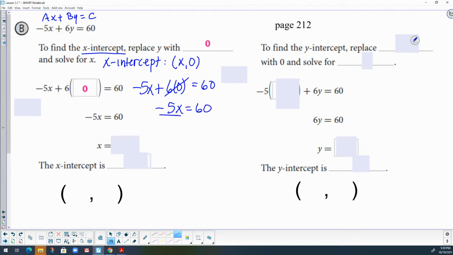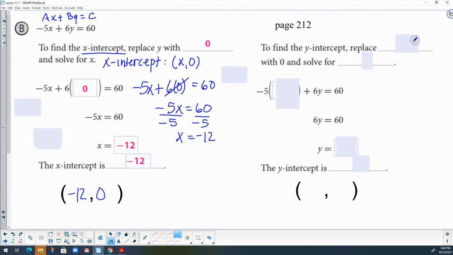Now I'm going to divide by negative 5, negative 5, so then x here is equal to negative 12. So my x-intercept is negative 12. If I wanted to write that as an ordered pair to graph it, I would write it as (-12, 0). So that is my x-intercept.